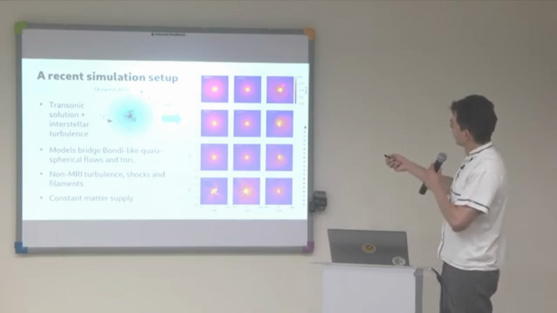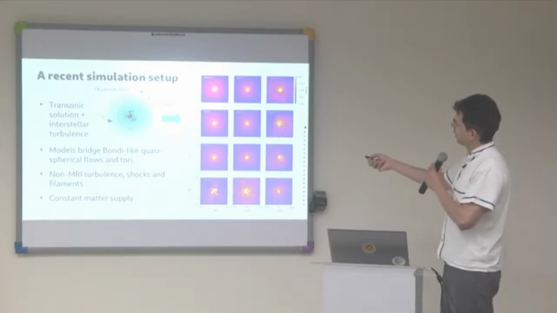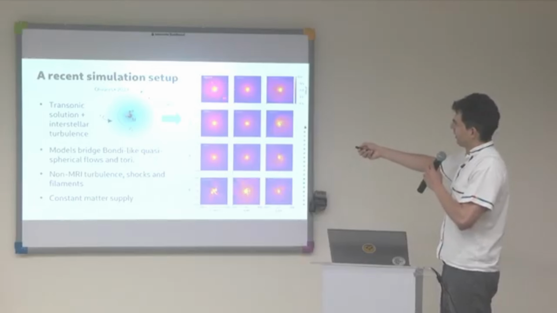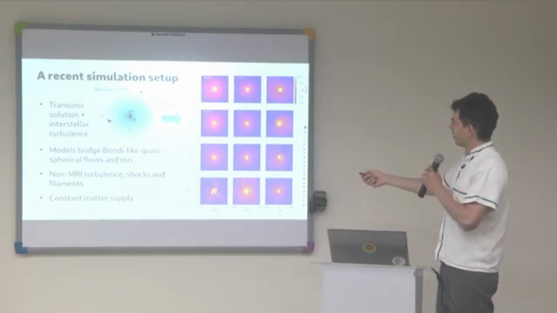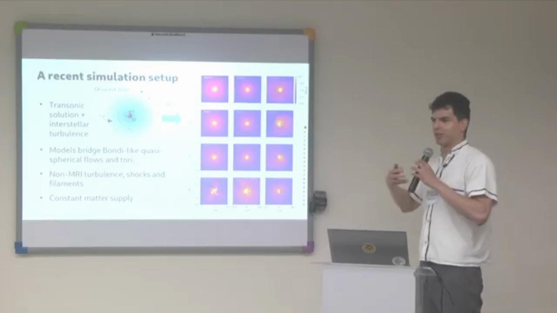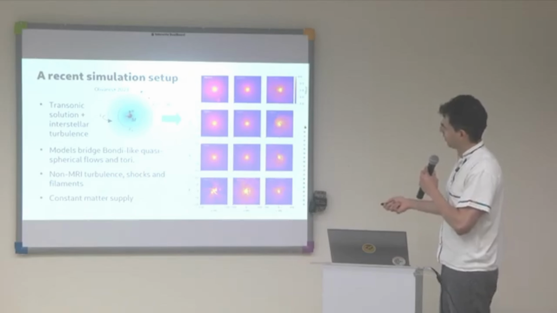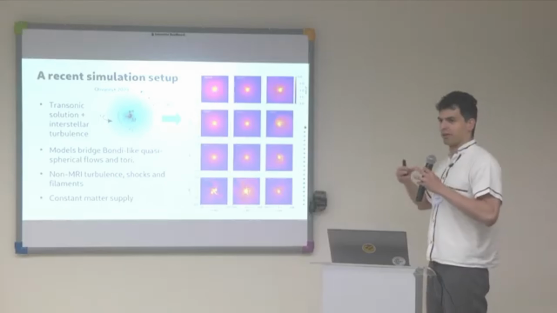Some of them resemble the disks that one has in typical simulations, especially if the angular momentum is high, but one can also have completely different accretion patterns, from quasi-spherical accretion if the angular momentum is low but perturbations are small, up to accretion patterns that are completely dominated by shocks and filaments if the angular momentum is still small, but the perturbations from the interstellar turbulence are larger.